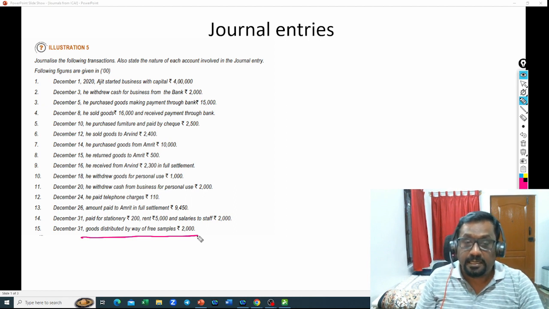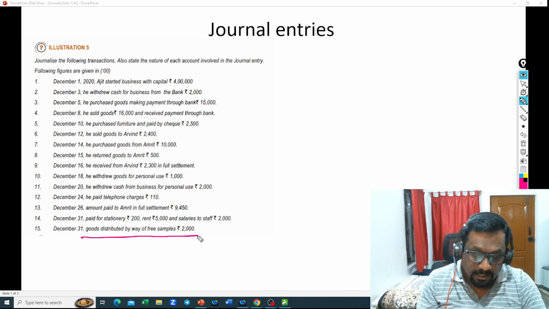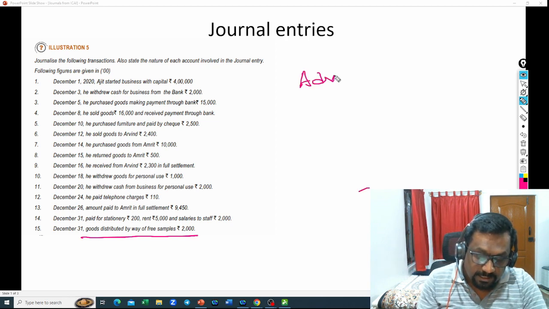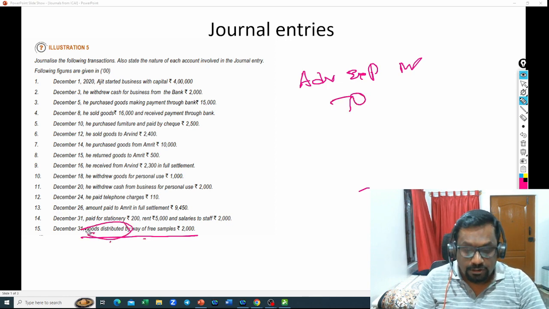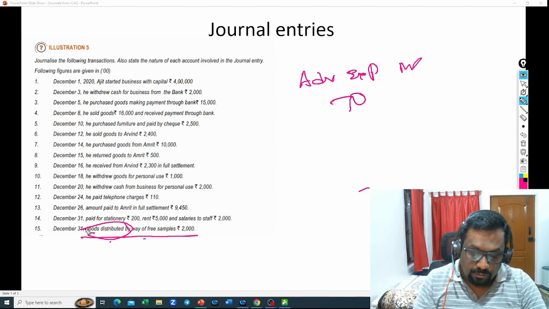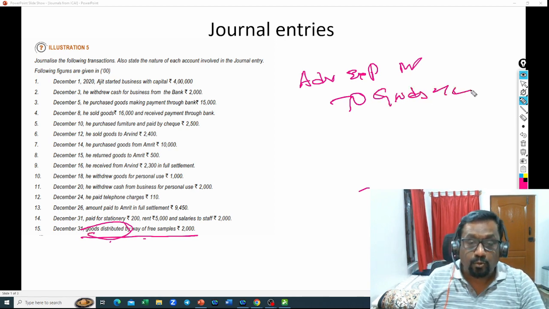Advertisement expenditure is an expenditure, comes under nominal account. All expenses and losses have to be debited. So you need to do advertisement expenses account debit. And what is it that you distributed? Goods. So these goods are going out, so you need to credit goods account. So advertisement expenditure account to goods account.